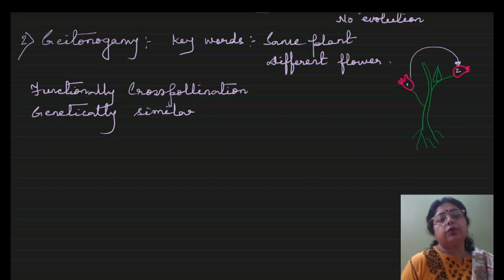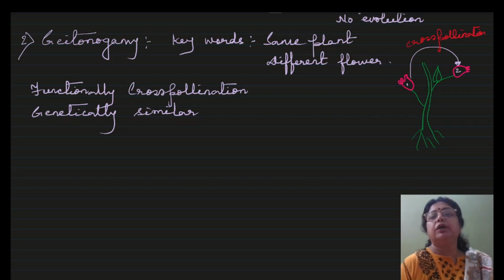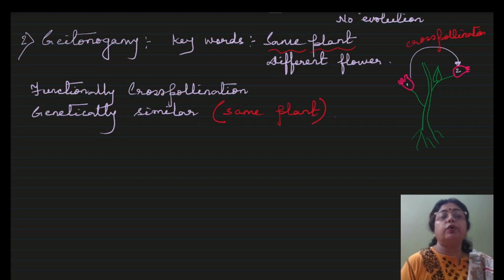Functionally it is showing cross pollination. It needs an agent also. But genetically similar. Why genetically similar? Because of the same flower, because of the same plant of the same species. It's not coming from another plant. So geitonogamy is functionally cross pollination, but genetically it is similar.